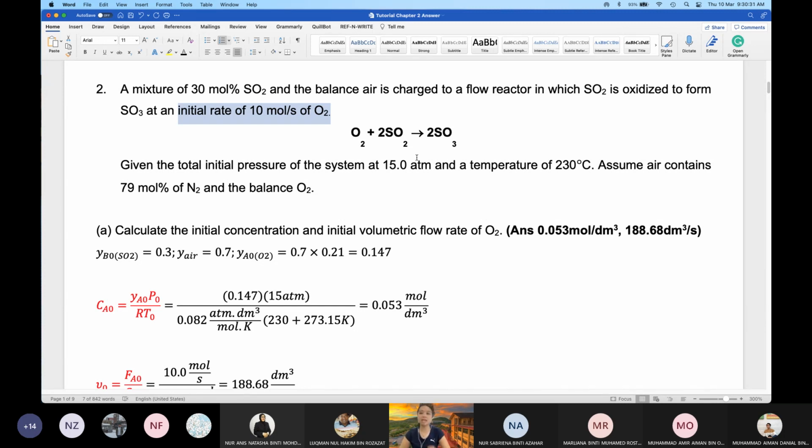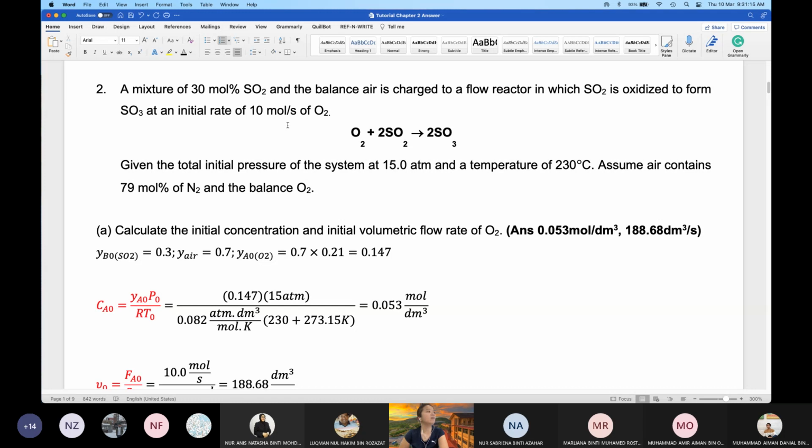If they do not state which one is limiting reactant, because we have two reactants, SO2 and O2, if the question did not state which is the limiting reactant, you can and may assume the first compound in your chemical equation as your A. So maksudnya oxygen gas ni adalah A kamu, SO2 is your B, SO3 is your C. So therefore, this 10 mole per second of O2 is actually your FA0. Sebab oxygen gas adalah A kita, so FA0 equals 10 mole per second.